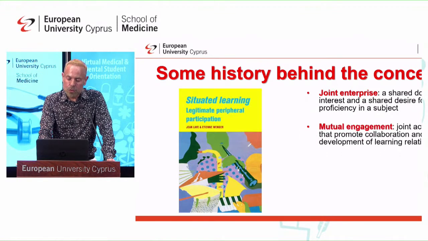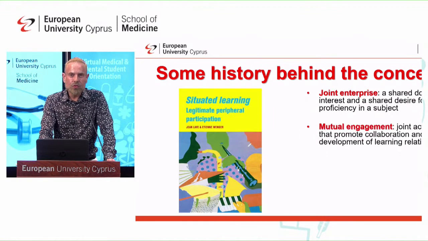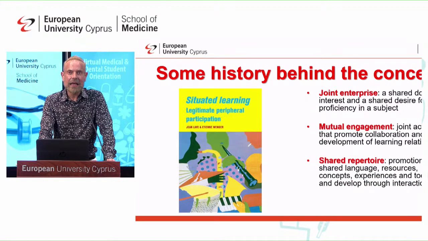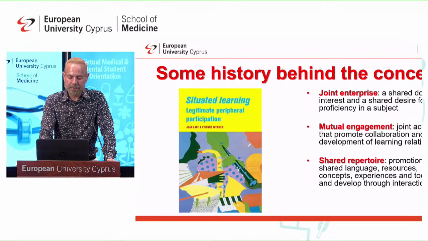They've got mutual engagement because they are engaged in joint activities that promote collaboration. And finally, they use promotion of the same language. So it improves understanding. So it improves communication. So you can share experiences. So the other people can understand your problems and they can facilitate you in the process.